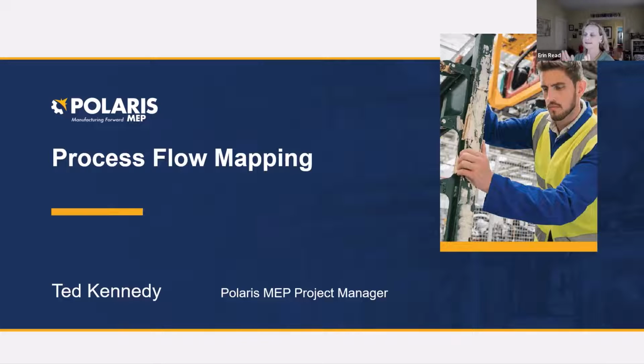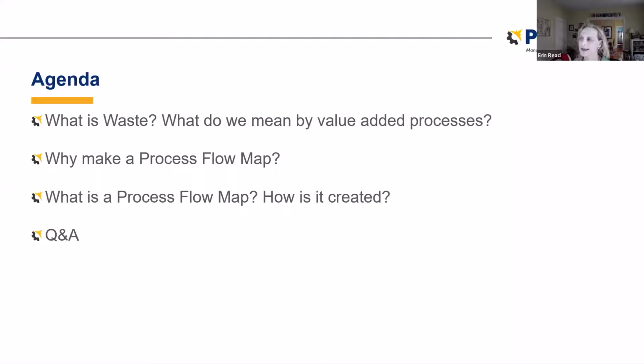So Ted's going to advance it, and I'm going to show you what the agenda looks like today. As I said, we are trying to make sure that we're moving along quickly. And these are all different things that are about identifying waste so you can remove it and talking about value-added processes. And, when we were starting this series of webinars, Ted was very specific that he wanted to start with spaghetti maps, which we did just before Thanksgiving.